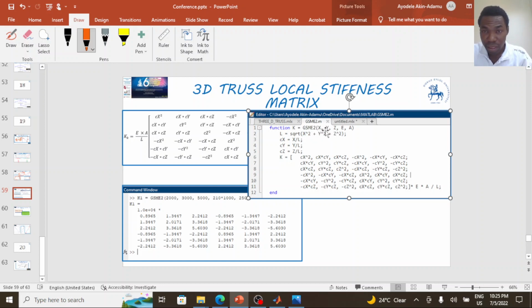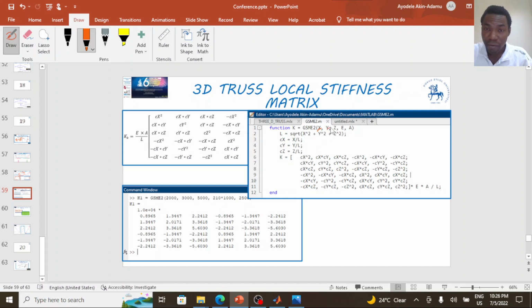You can see it has 5 input variables: capital X, Y, Z, E, A. Here my X is the difference in the x coordinates between the nodes, the x coordinate in the end node minus the x coordinate in the start node.